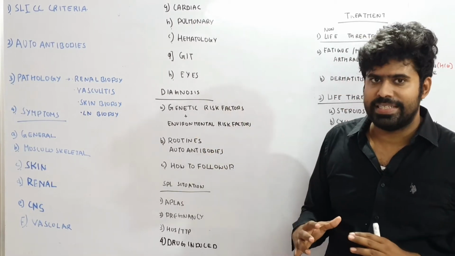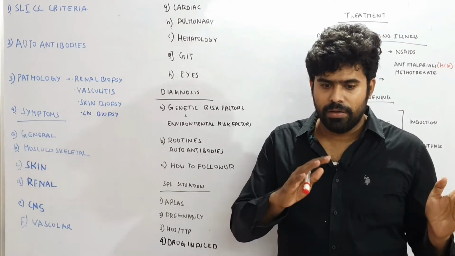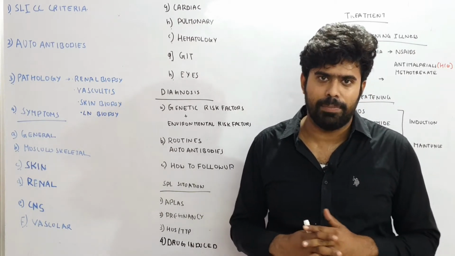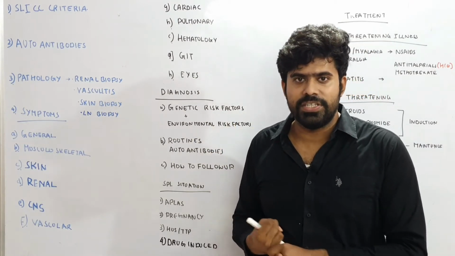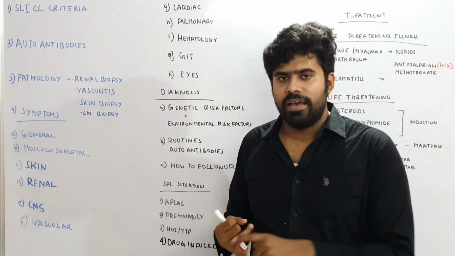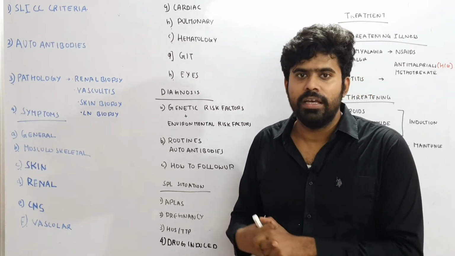So what happens in SLE? Why does SLE manifest? We haven't completely worked out the pathogenesis of SLE, but there are certain genetic risk factors such as deficiency of early complement components, TREX gene mutation, and certain HLA-DR2 and DR3 patients.